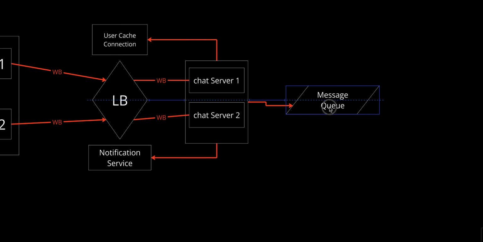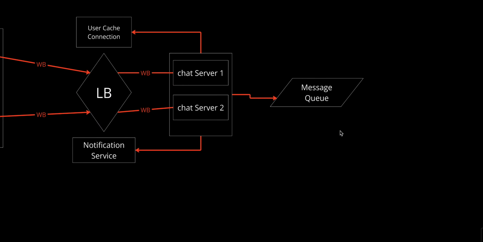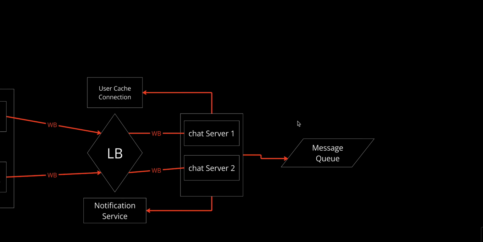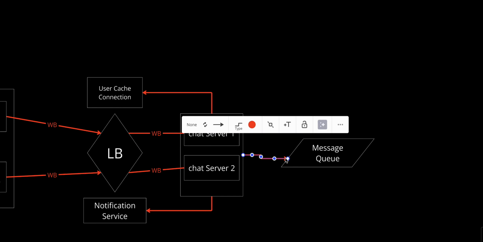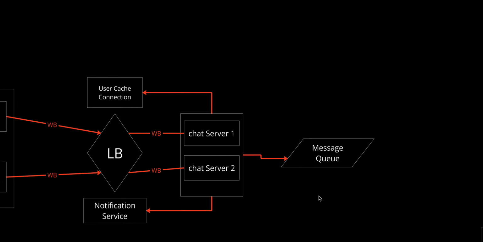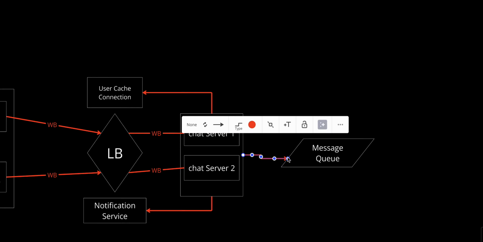Okay, we have a message queue, and this message queue, a distributed message queue such as Kafka, decouples message processing from real-time chat. Messages are temporarily stored here before being processed into the database or sent to the offline. Because in the non-functional requirements, we said that we need to make sure that our messages will not be lost.